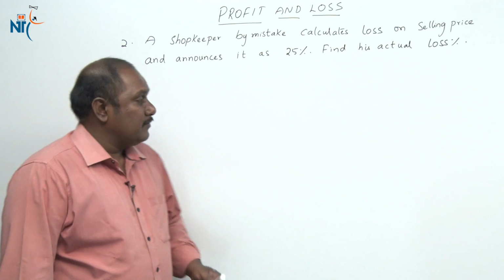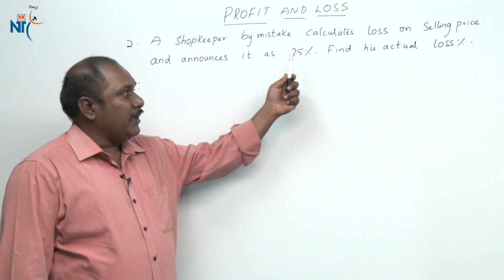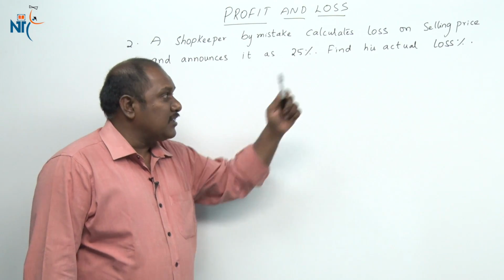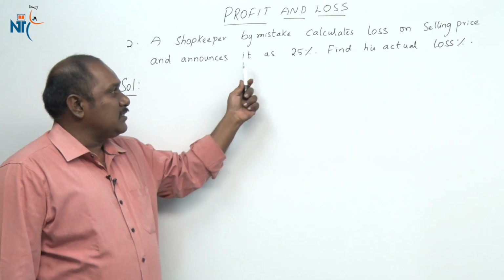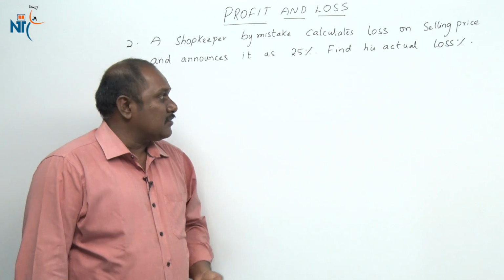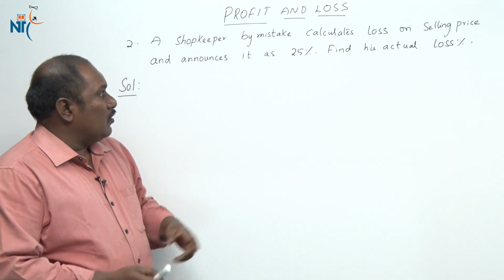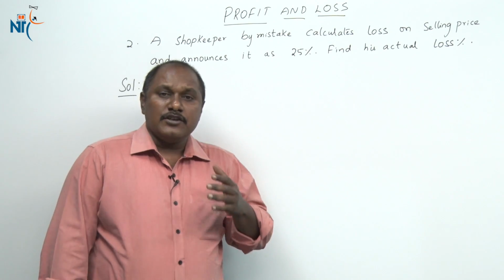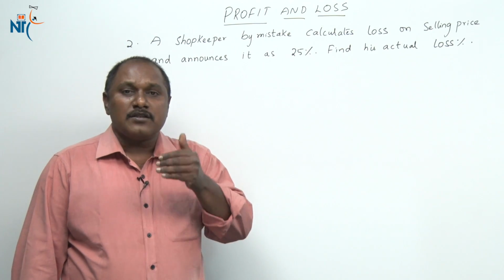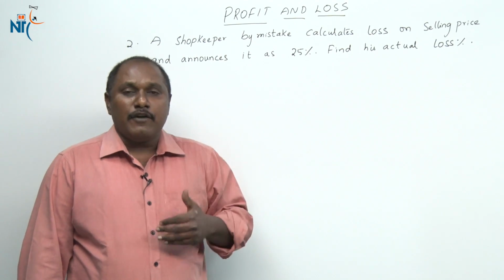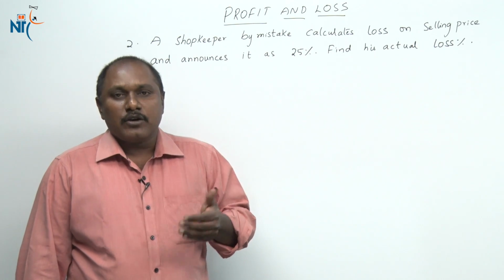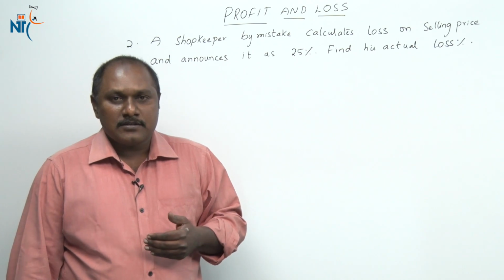The second question: a shopkeeper by mistake calculates loss on selling price and announces it as 25%. Find his actual loss percentage. Now in this question it is given a shopkeeper by mistake calculates loss on selling price. First of all, is it a mistake to calculate loss on selling price?